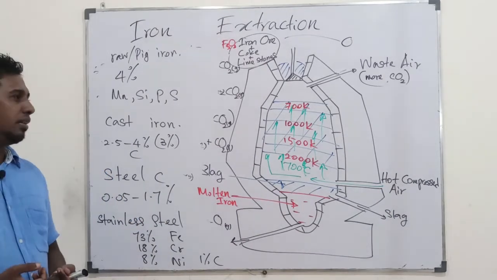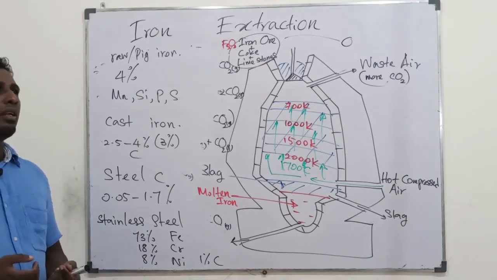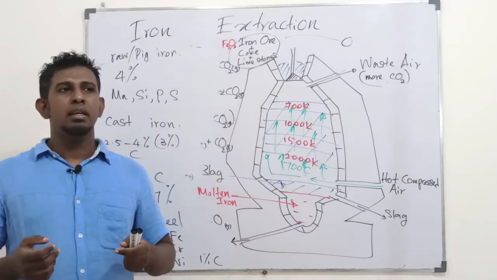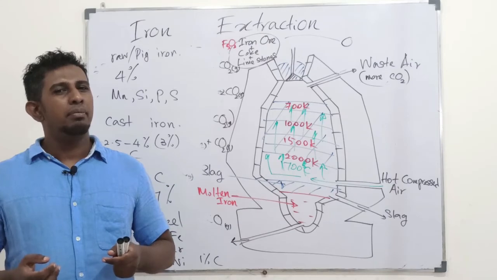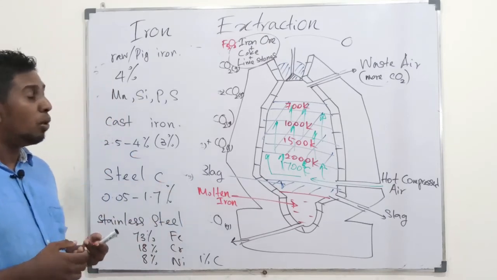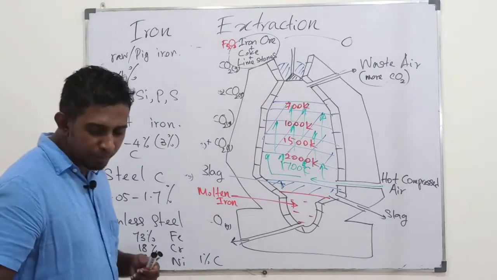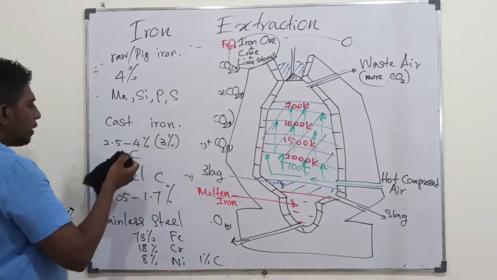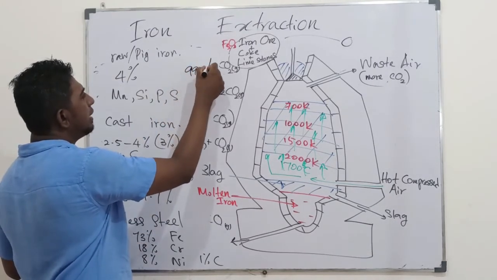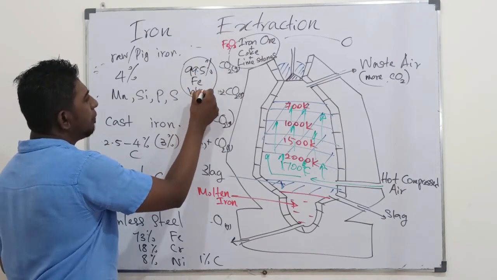Then students, if you further purify this iron, when you heat pig iron with Fe2O3, ferric oxide, you would get more pure iron. It is 99.5% pure iron. We call that wrought iron.